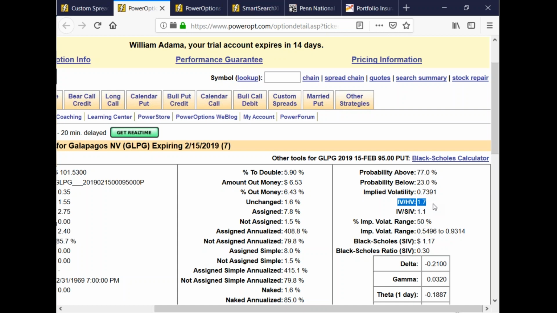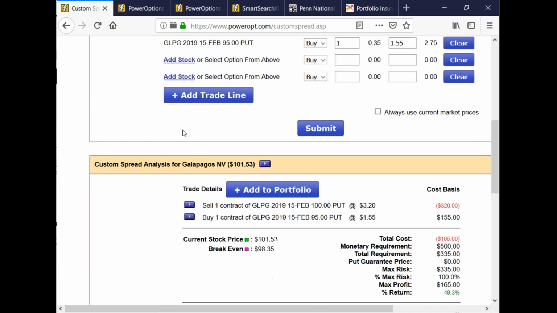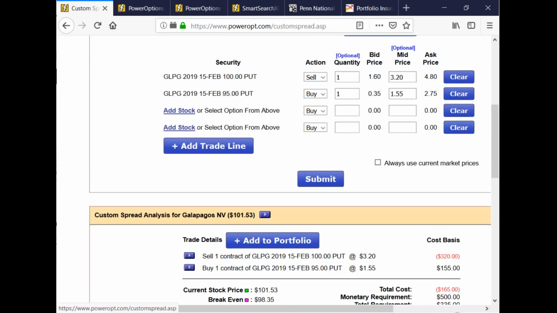Okay, why is that important? It's not that it's important, but the reason why we currently don't have that in there is that if the option that you're selling in a credit spread is overvalued and in the higher range of its total implied volatility range, the option that you're buying is 95% going to be the same exact thing.